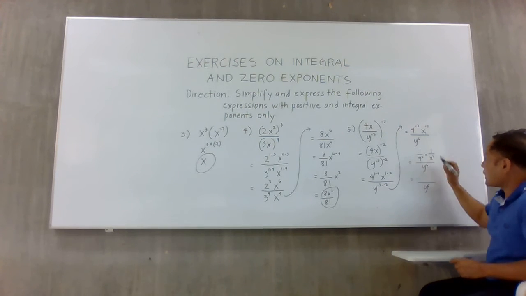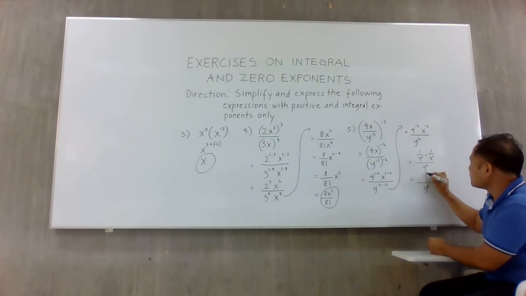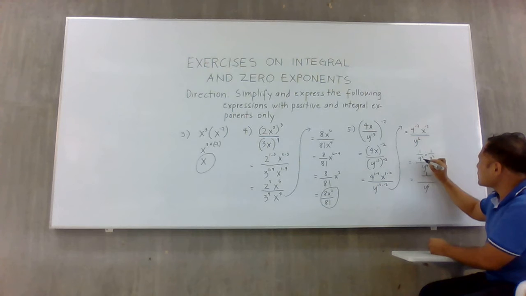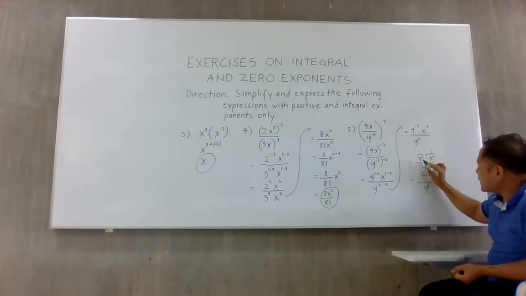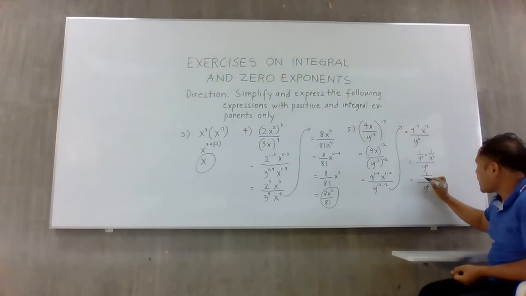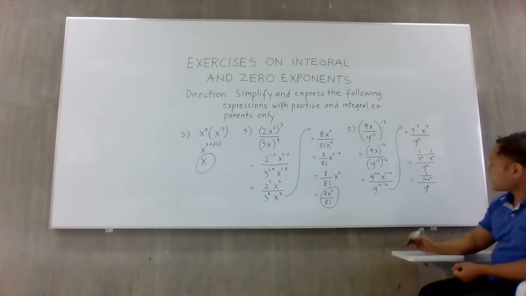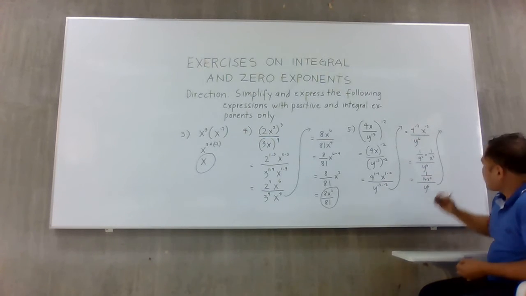So 1 times 1 is 1. And then, 4 squared, that means 4 times 4, that is 16. 16 times x squared, it is just 16x squared. Right? Proceed.